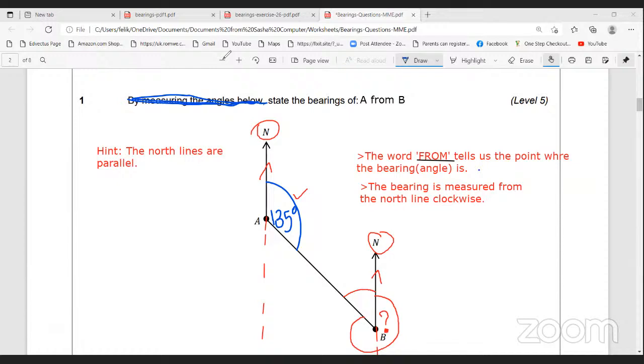I just use Z angles there, alternate angles, and then I say this would be 135 degrees. And it's the angles on a straight line, then I just minus it from 180. Then I got 45.